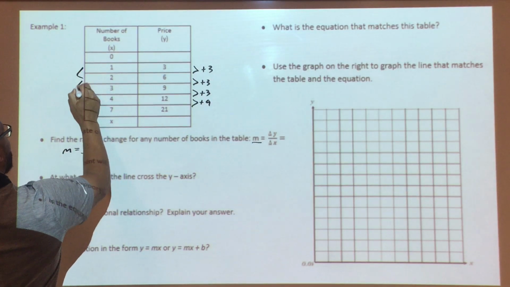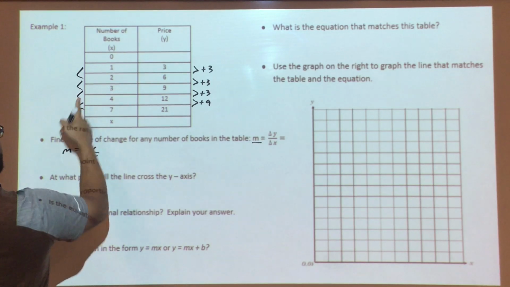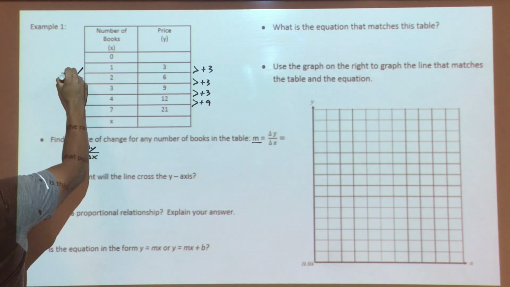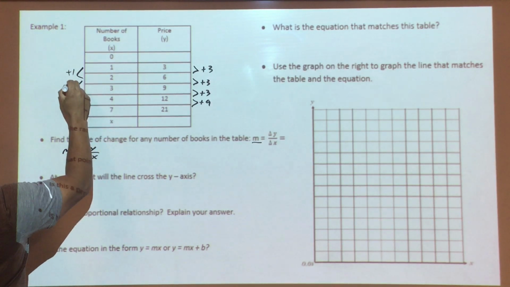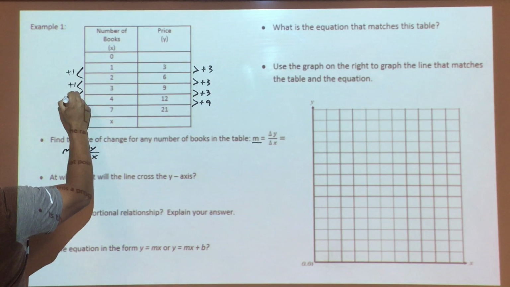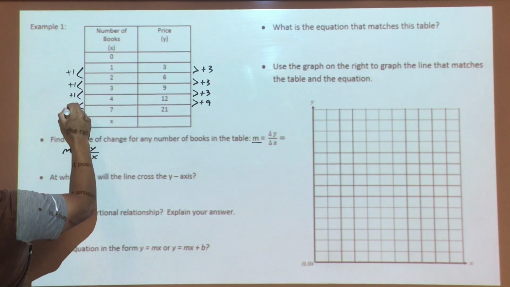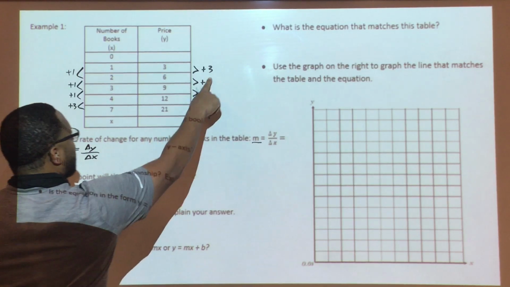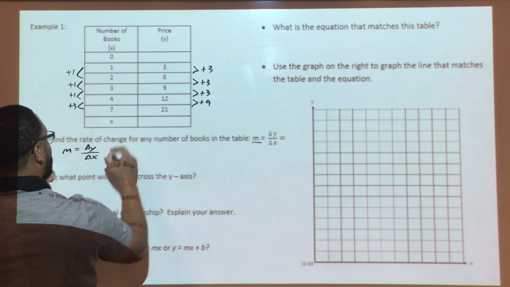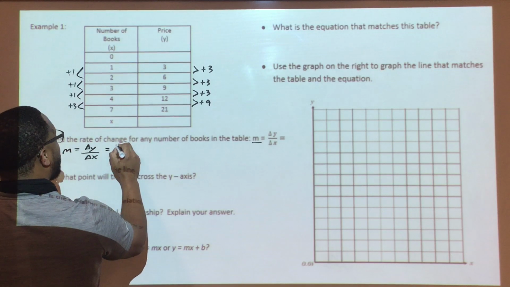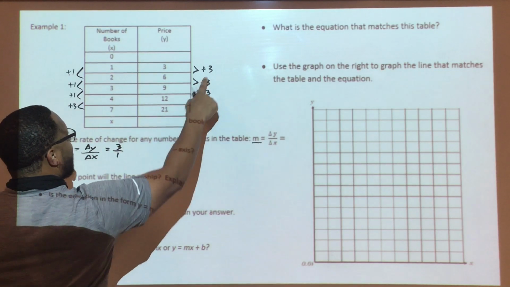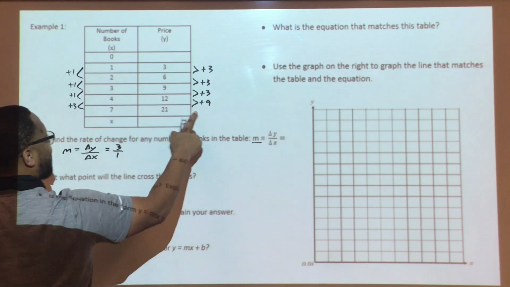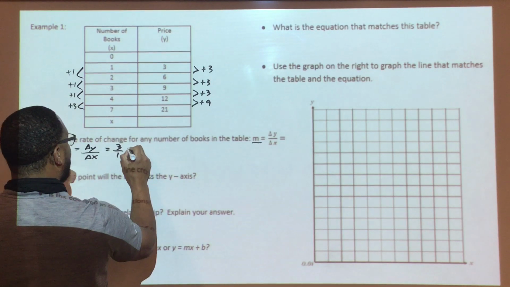And now look on this side. To go from 1 to 2, plus 1. Plus 1, plus 1. From 4 to 7, that's plus 3. So now let's figure out the rate of change. It is change in y over change in x. So I'm going to put 3 over 1, and it's 3 over 1 all the way across until I get here, 9 over 3.